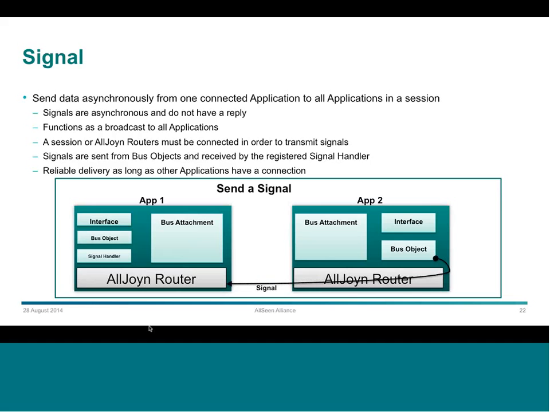And the important thing, too, is that signals are reliable. So when I send one, as long as I'm connected, it will go to the other devices. They can be one-to-many, so I can index all of the devices that I'm connected to, or I can index everything that's out there. And there is a time to live associated with them.